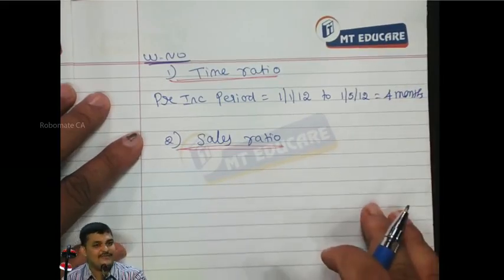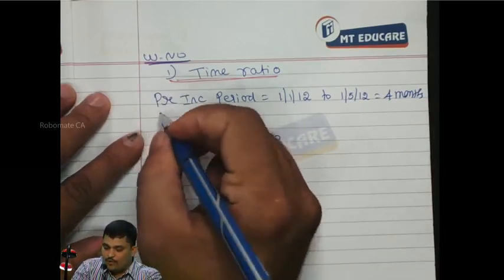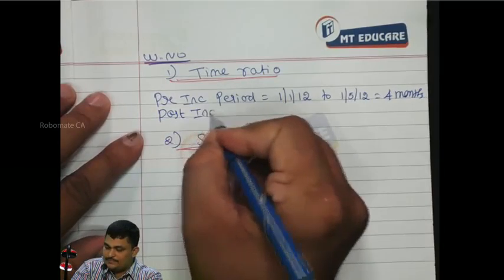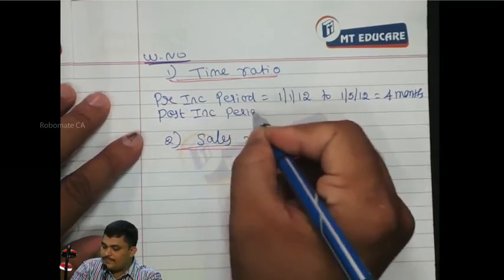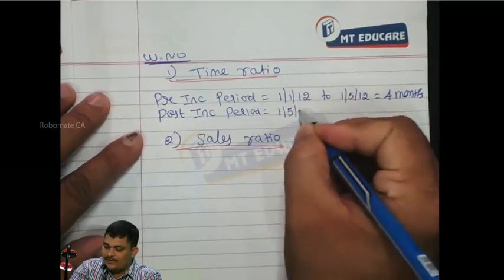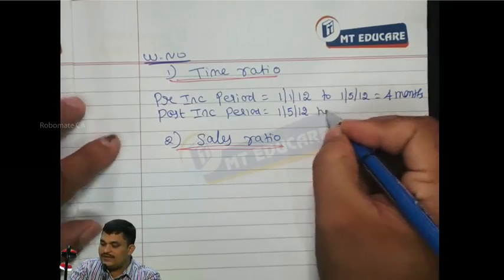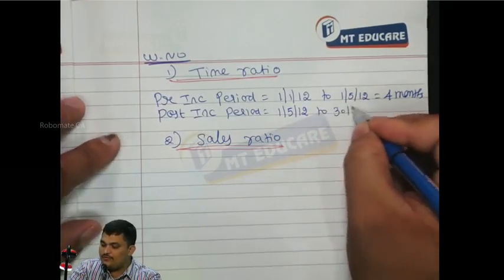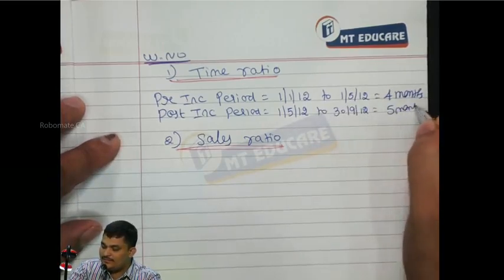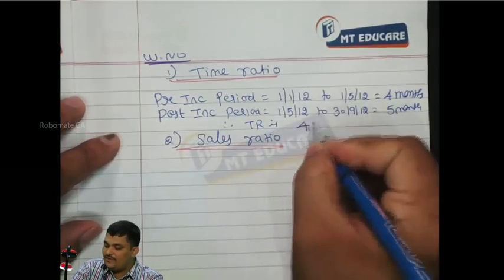Then post incorporation period is 1/5/2012 to 30/9/2012, 5 months. So therefore the time ratio is 4:5.